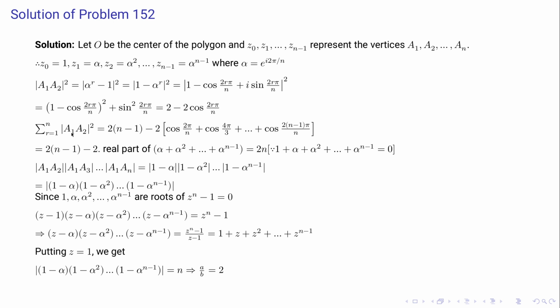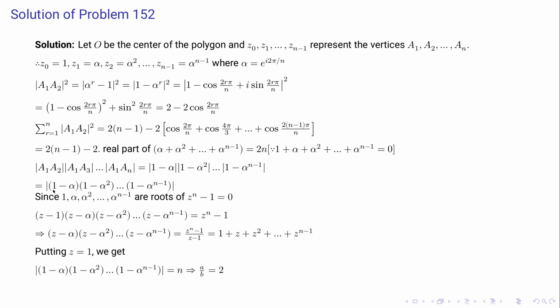When we take the sum, it should not be 2n minus 4; it should be 2n, that is 2n minus 2 times the real part of the sum of the roots. The real part would be 0, because 1 plus alpha plus alpha square up to alpha to the power n minus 1 is equal to 0. So the sum of the real parts is minus 1, and minus 1 into minus 2 gives 2n. Sorry, I missed that.